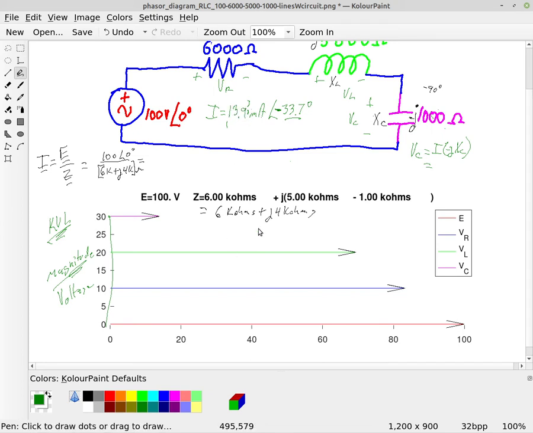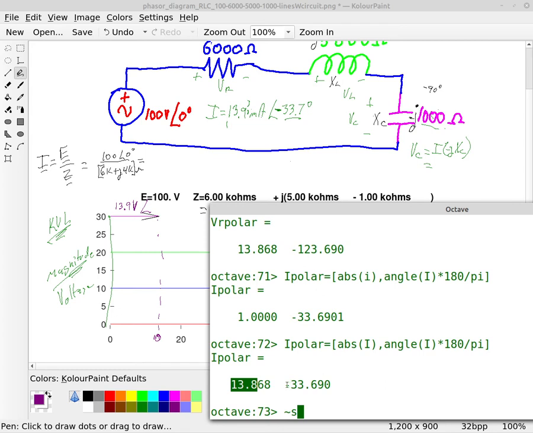All right, and so then when I multiply that times 1,000, I get that my voltage here is 13.9 volts, right? This is the voltage, 13.9 volts. So it's about 14 there, almost. And the angle of that, though, look at the angle. Let's flip back and look at the angle.